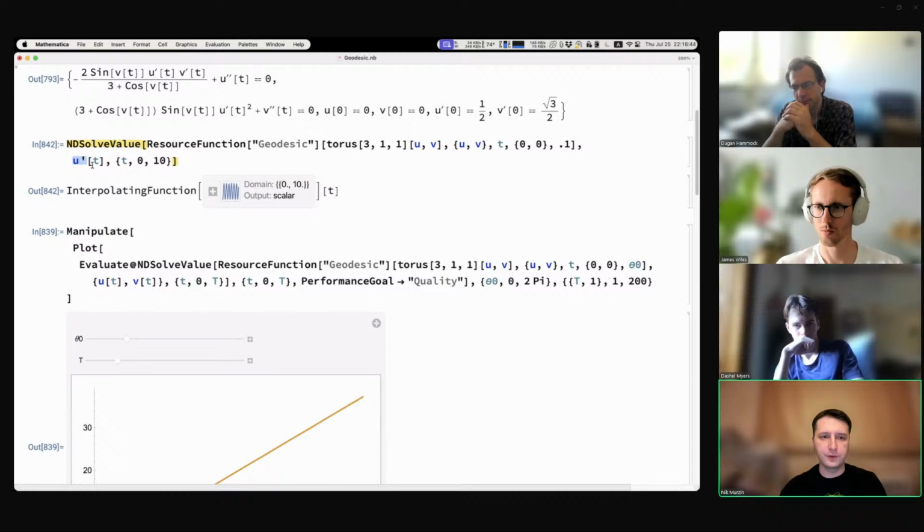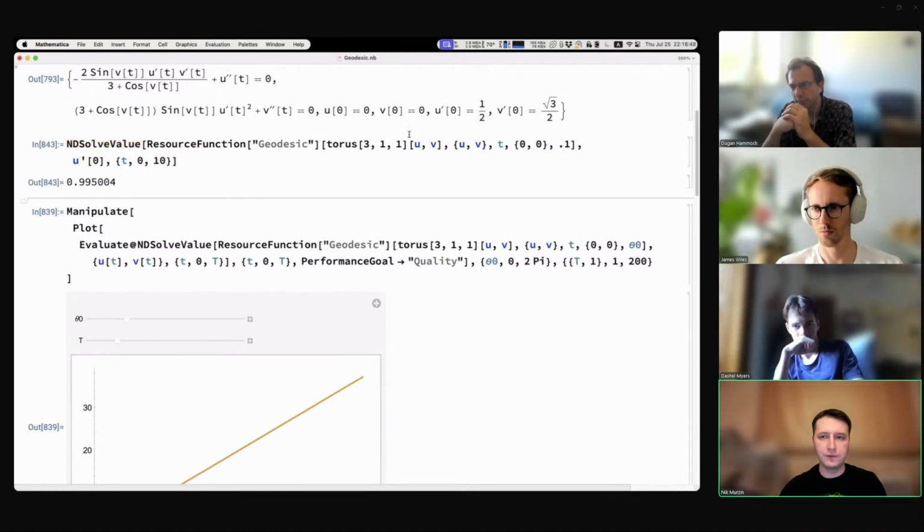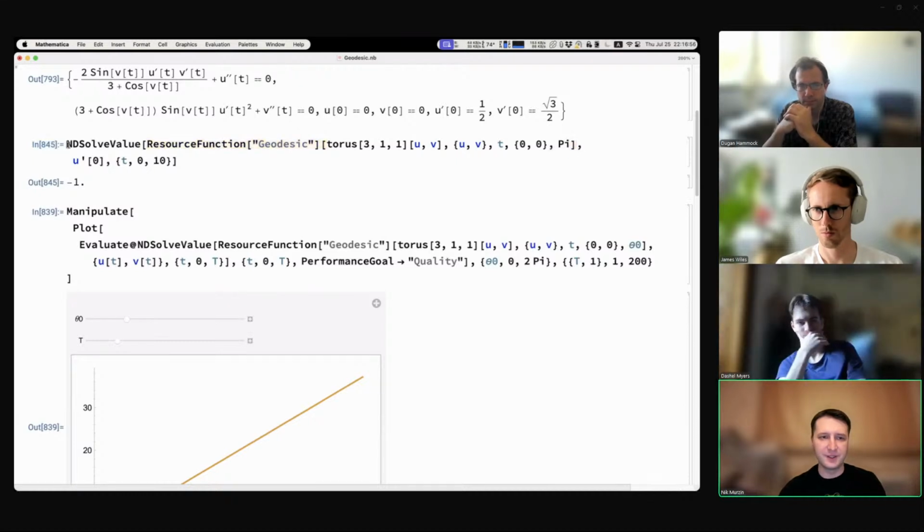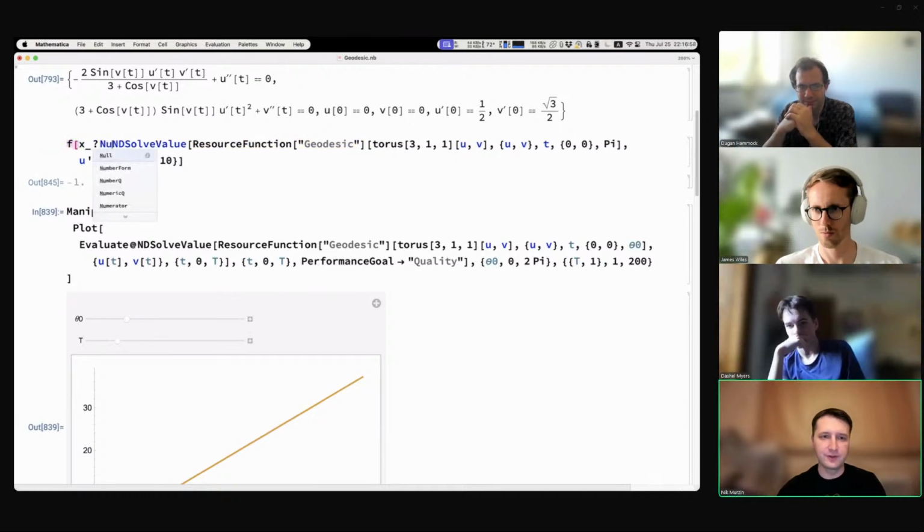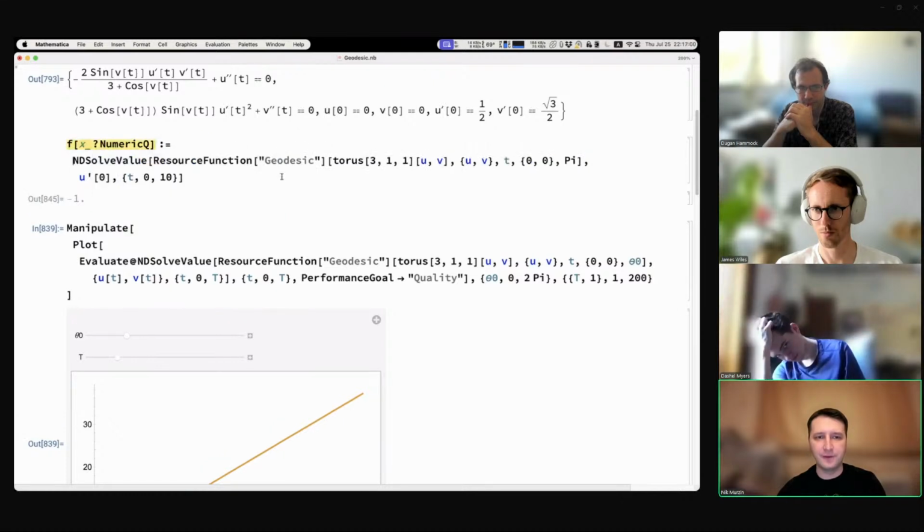Essentially, if you solve for the initial thing, just essentially find the angle where this becomes negative. You can do some kind of search. Define the function x or theta 0.